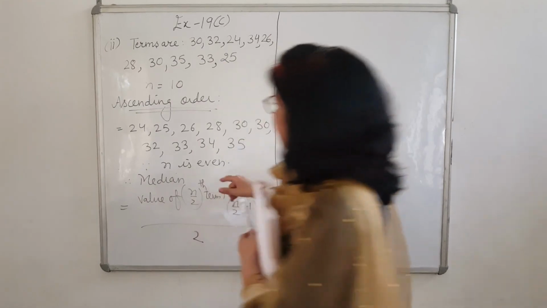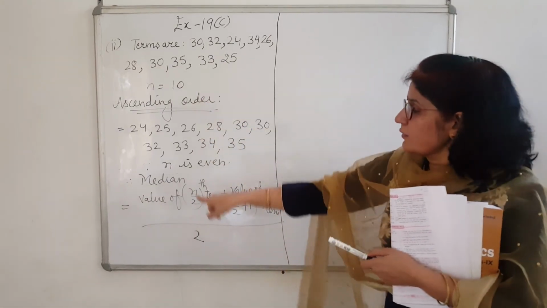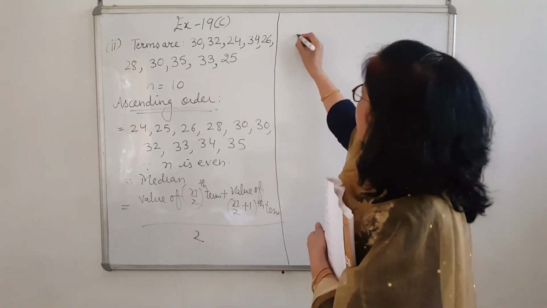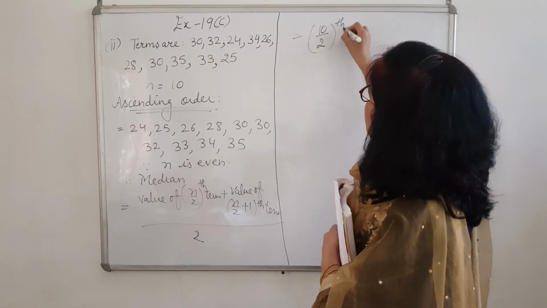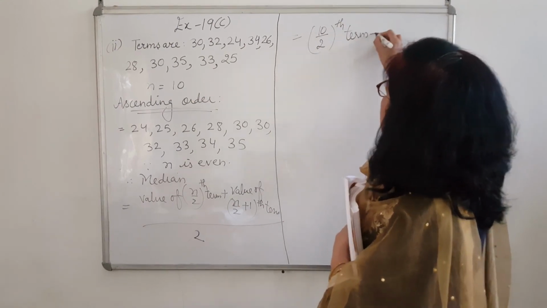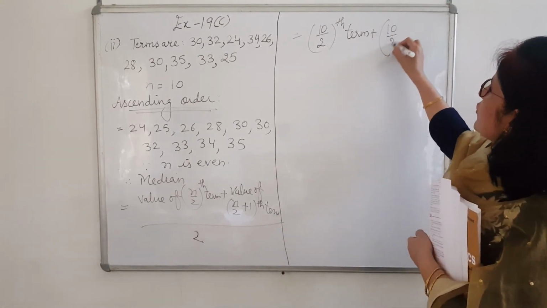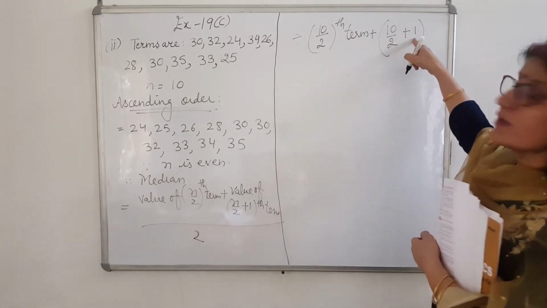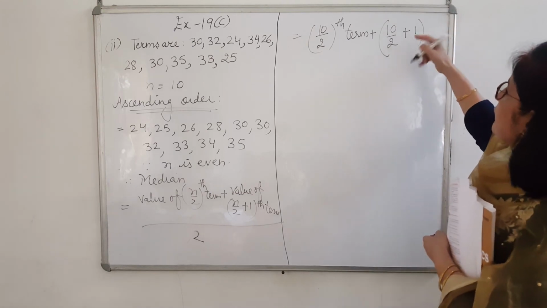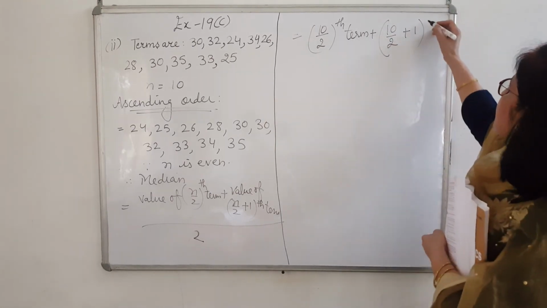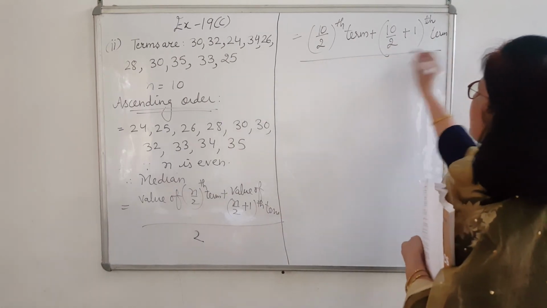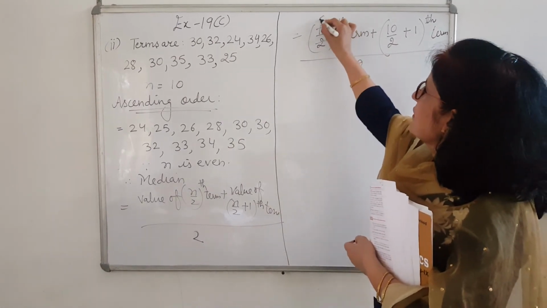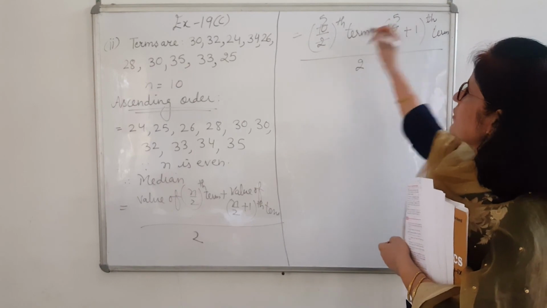So what is n here? N is given as 10. We substitute the value. So median is equal to the 10 over 2th term plus the 10 over 2 plus 1 term, upon 2. Here this 1 you always take separate when n is even. 2 5s are 10 here also.